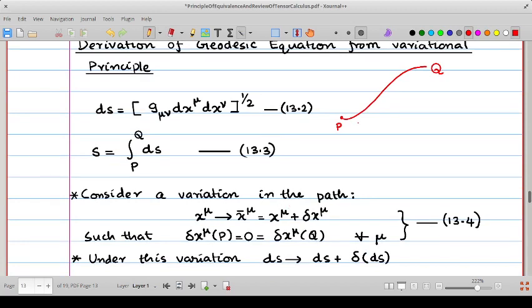And now if we consider a curve between two points in the space, denoted by P and Q, the interval along this curve is defined as the summation of ds over all infinitesimal intervals constituting this path. So that is given as the integral from P to Q of ds.